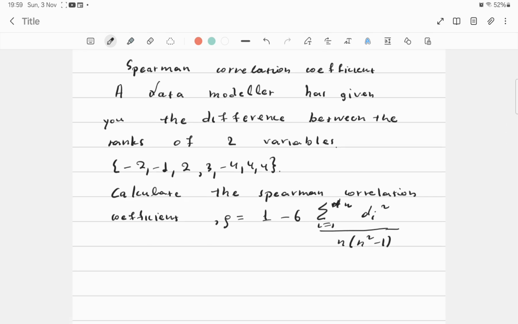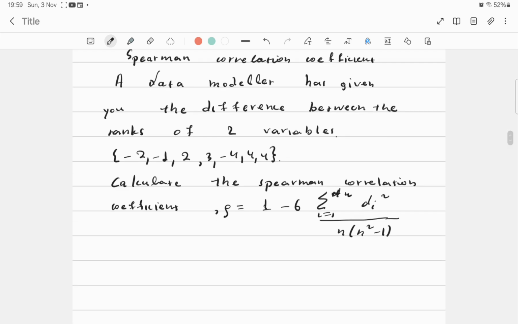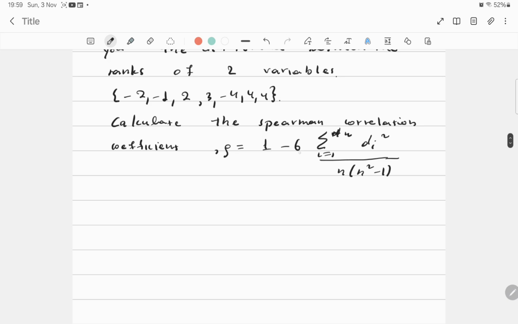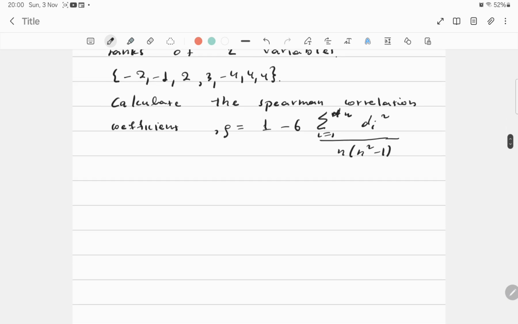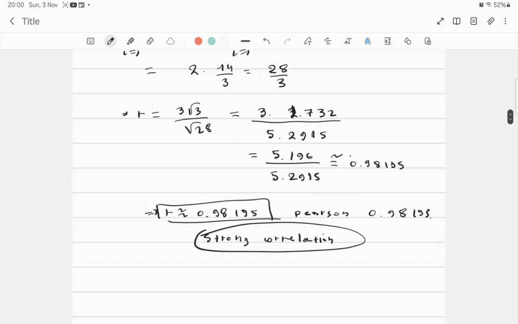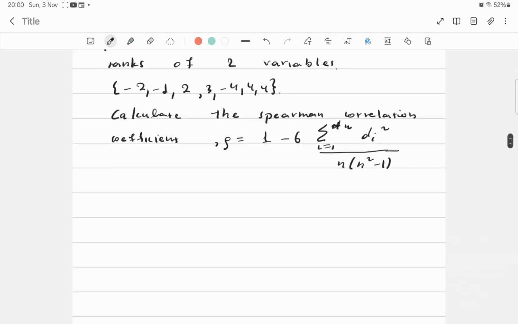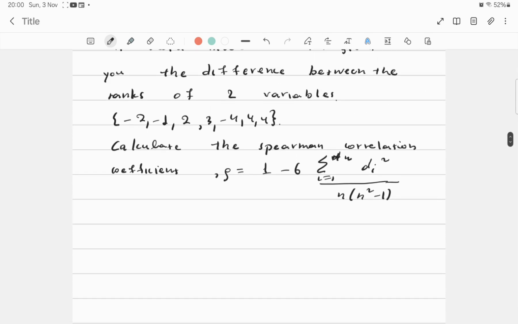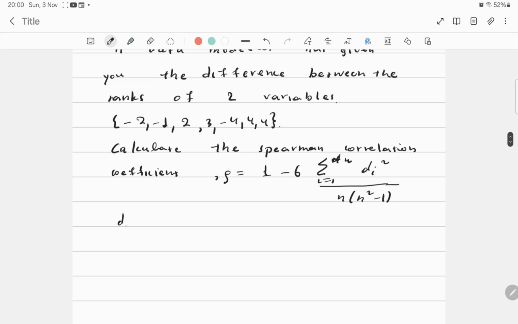A data modeler has given you the difference between the ranks of two variables. The ranks are these values here. You need to calculate the Spearman correlation coefficient. Okay, d1 squared is equal to 4, d2 squared is equal to 1.